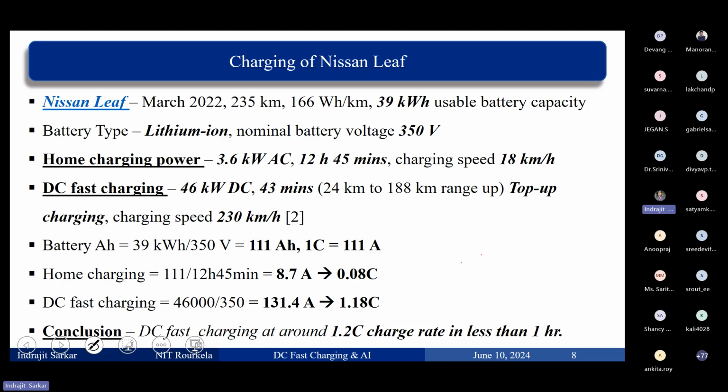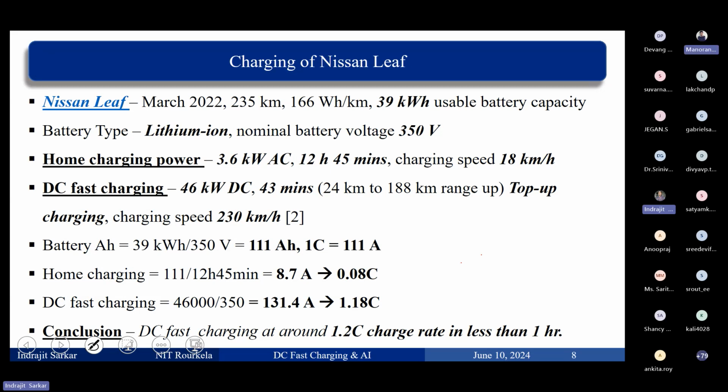Here you can see there is a significant difference in time. Here it is taking only 43 minutes to charge your vehicle, and charging speed is 230 kilometer per hour. In the home charger it is 18 kilometer per hour. So you have to wait for, let's say, 40 to 45 minutes, and your vehicle is charged.